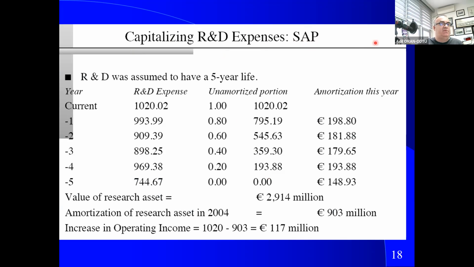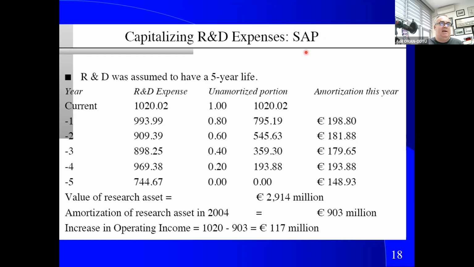So this is for SAP, again, a software company which develops software for enterprise resource planning, and R&D this time is actually an example for capitalizing R&D, similar to the others. You might want to take another look at it. So again, if it has a 5-year life, these are the expenses. This is how much of it would remain in the accounting records.